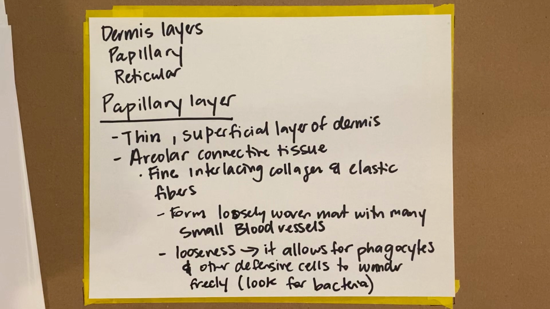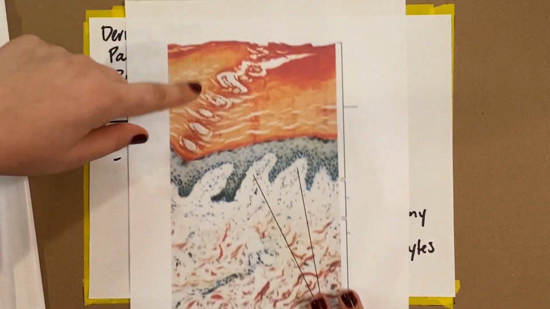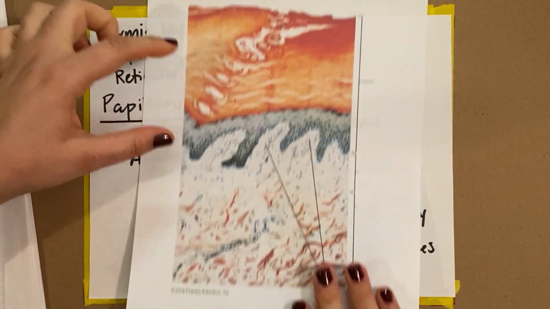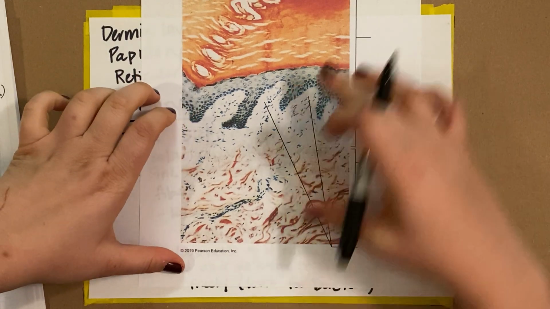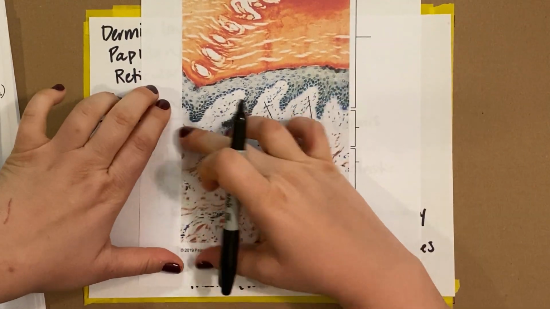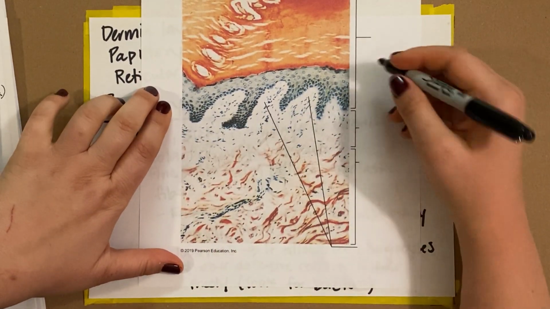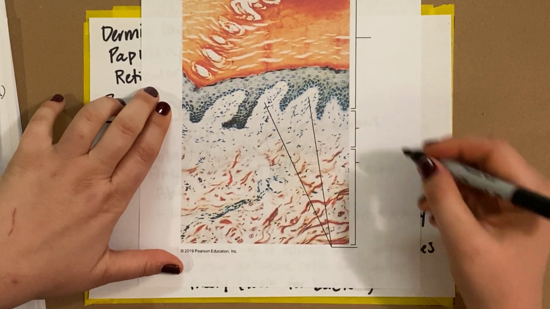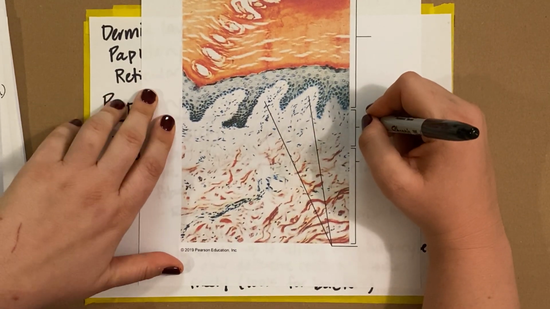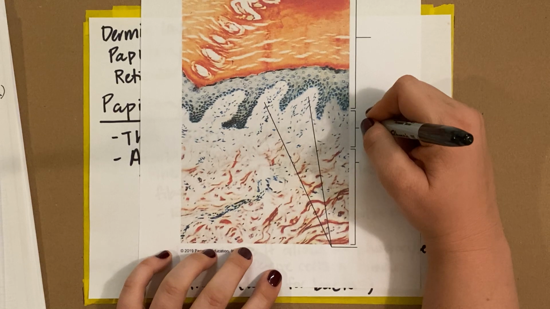So this is going to be the epidermis. We're now looking at the epidermal layer. Down here is going to be the actual dermal layers. So right here, we're going to have the papillary dermis.